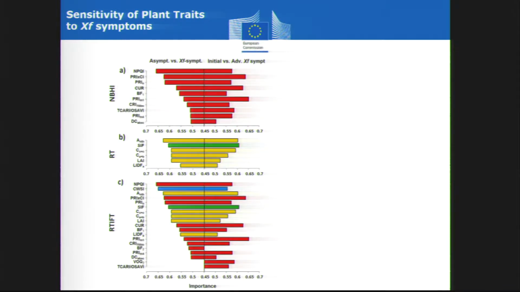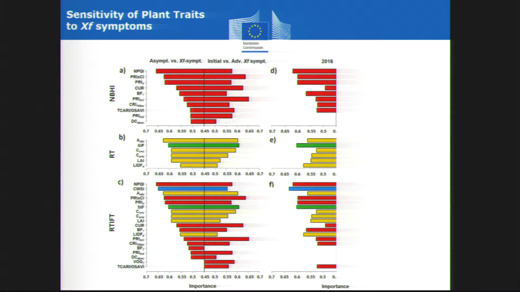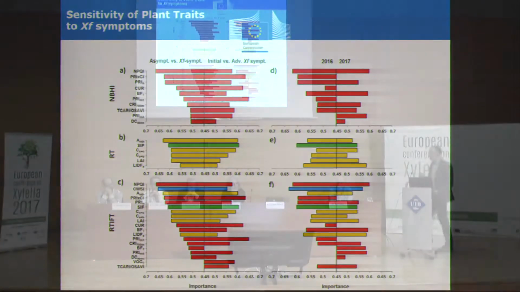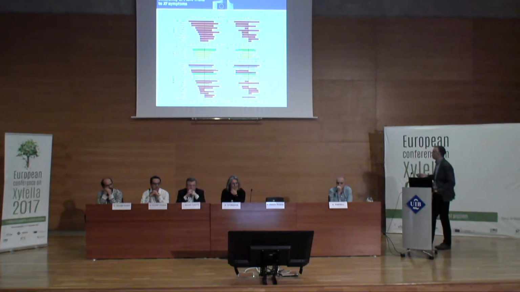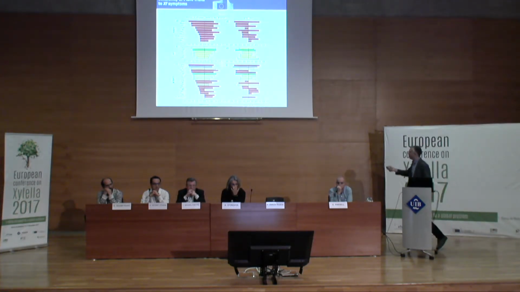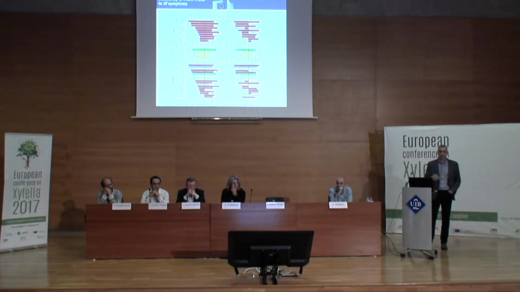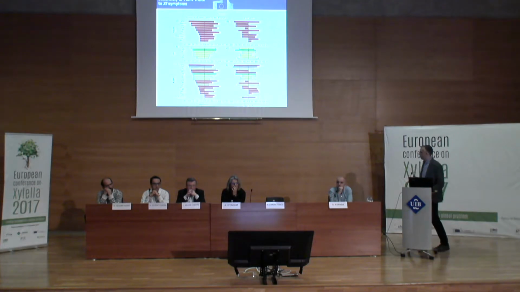Because we've done it in 2 years, we could evaluate the robustness of these plant traits and compare it between years. So for our models, through a statistical analysis, we used only the indicators that are robust for both years, in order to avoid indicators which, for some reason, ambient and other conditions, were robust in 1 year but not in another.